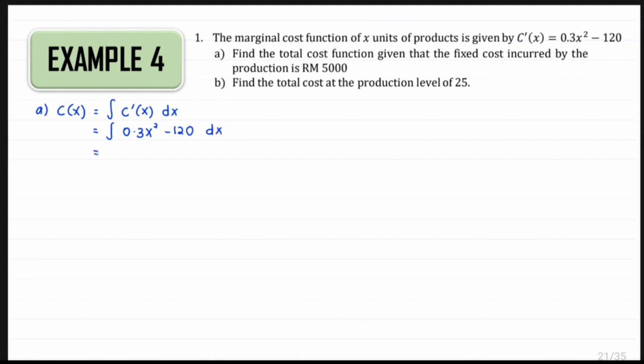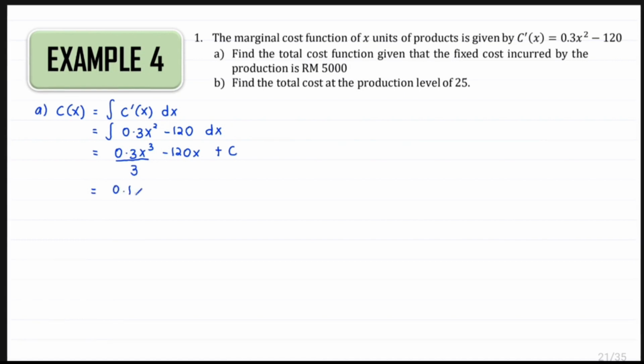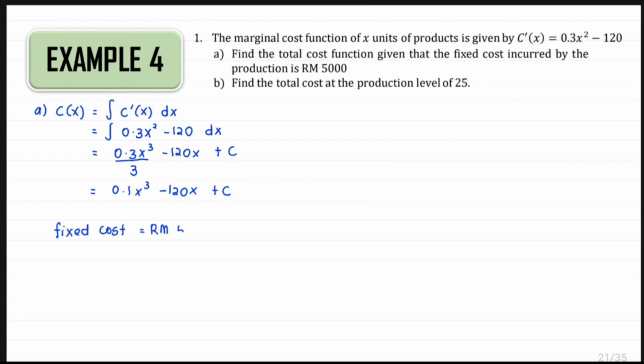Then we integrate, we get 0.3x³ over 3 minus 120x plus C. We simplify, then we get 0.1x³ minus 120x plus C. We know that the fixed cost equals 5,000. And the formula to find the fixed cost is C(0), when x equals 0.